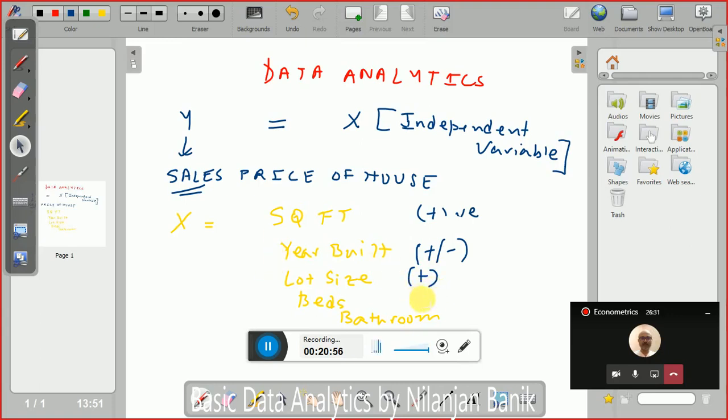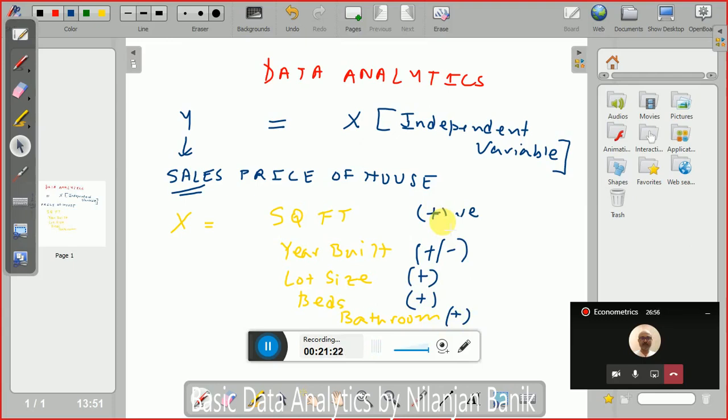The larger the number of bedrooms, the more is the price. And bathroom, again. So these are the expected signs, but when you run the regression, you might be surprised that you might not get such expected signs that we a priori have in our mind.